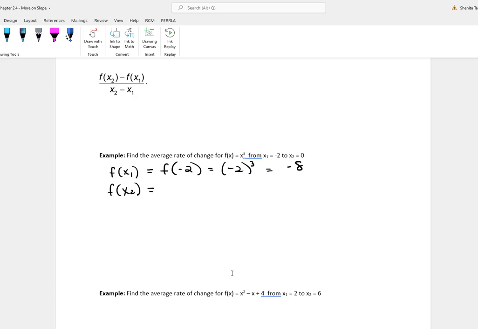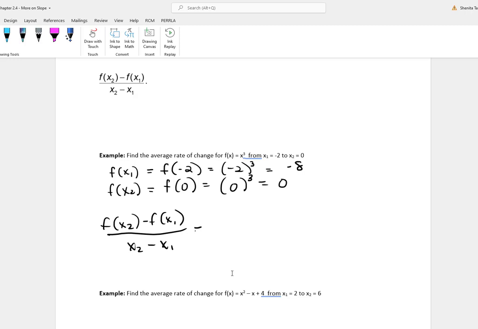To calculate f of x2, I'm going to plug in 0, and this will be 0 cubed, which is 0. So now when I plug everything back into this equation, I know f of x2 is negative 8, f of x1 is 0, I know x2 is 0, and I know x1 is negative 2.